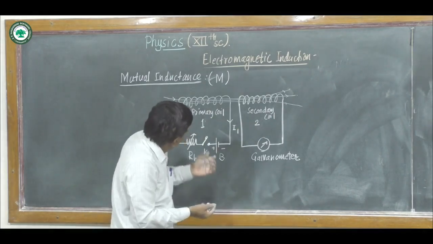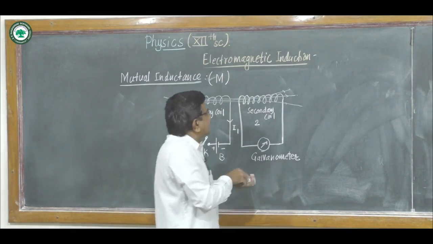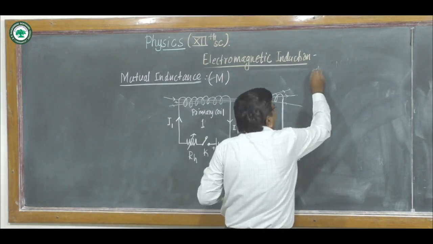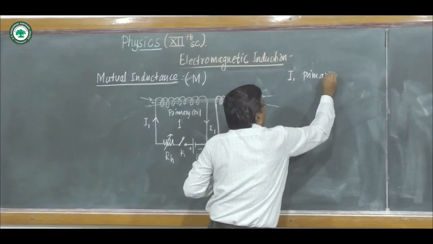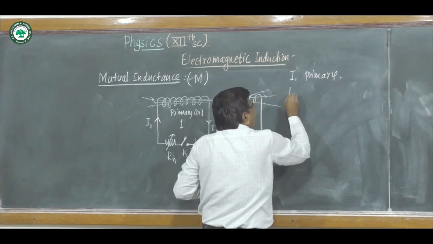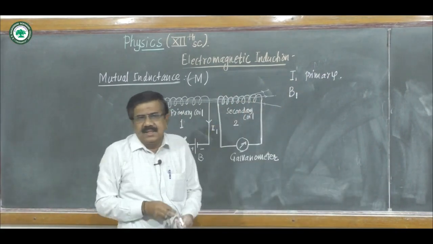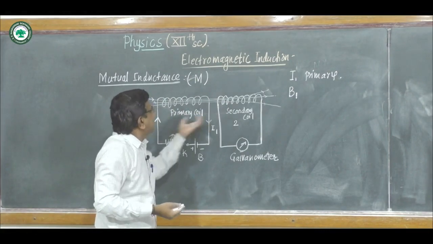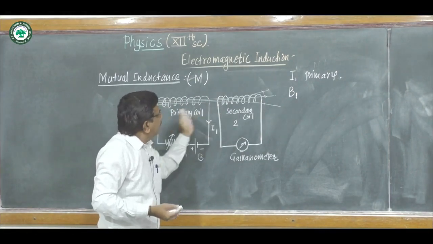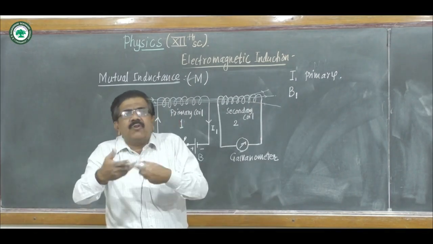Current I1 flows through this primary coil and it produces a magnetic field of induction B1 nearby its sides, in the surroundings of coil 1.